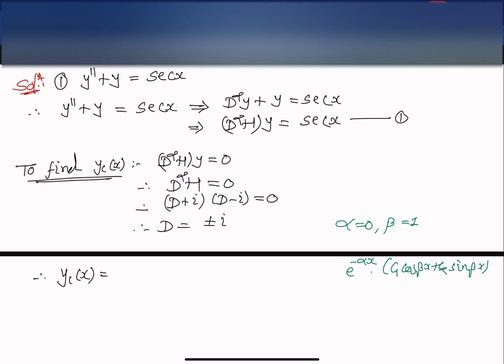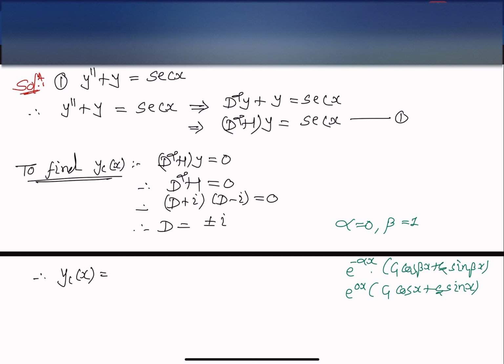Right. Here alpha is equal to 0. So this is e raised to 0x c1 cos, beta is 1, plus c2, beta is again 1, so c2 sin x.